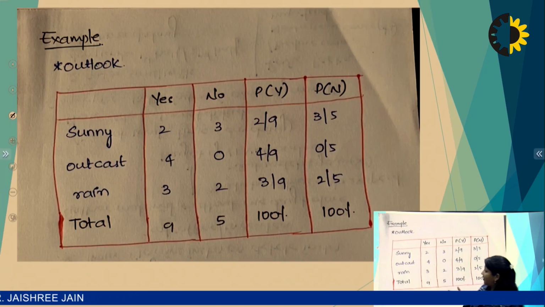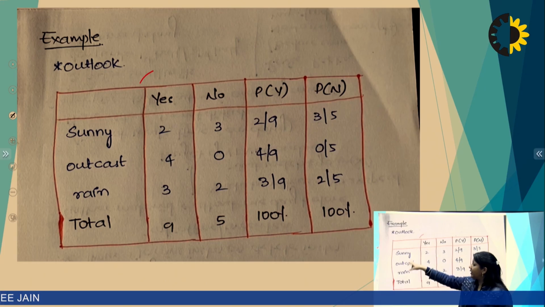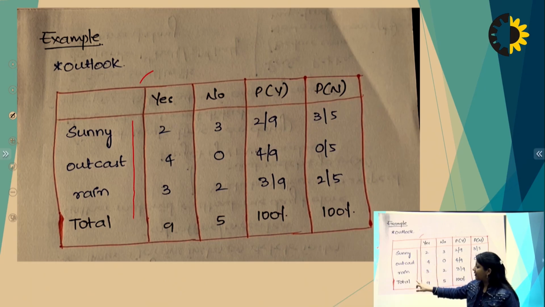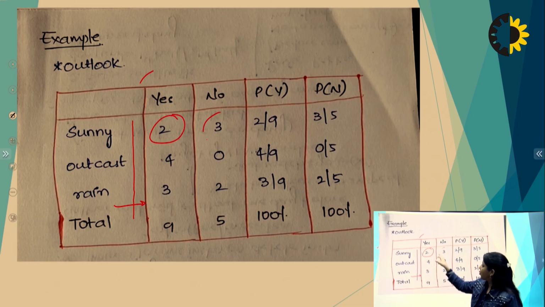So here we can first take the variable outlook. Here we have sunny, overcast and rainy, three values. For sunny, the yes cases are 2 and the no cases are 3.